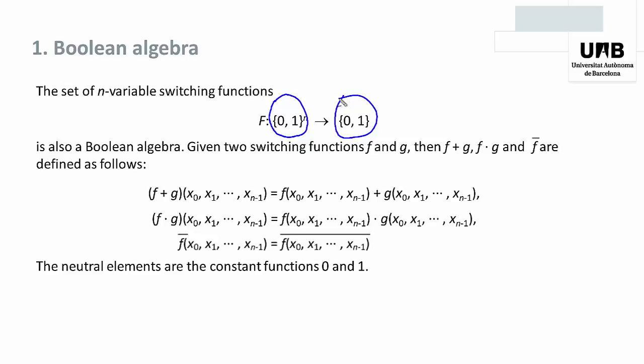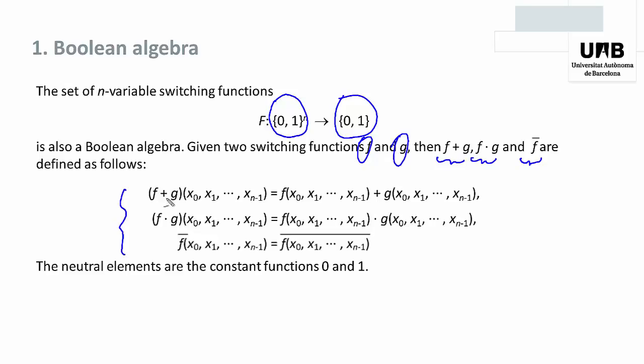This set of switching functions is also a Boolean algebra. Given two switching functions, let us say f and g, then we can define f plus g, f times g, not f, in the following way.